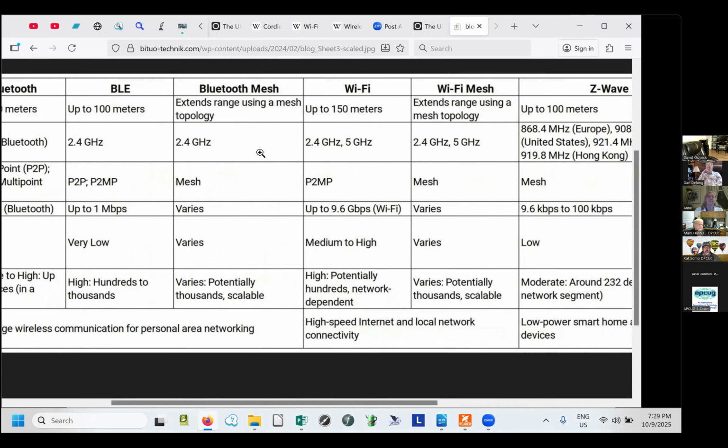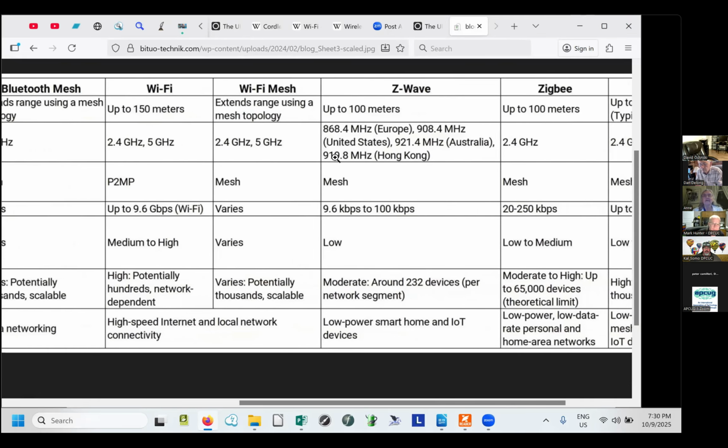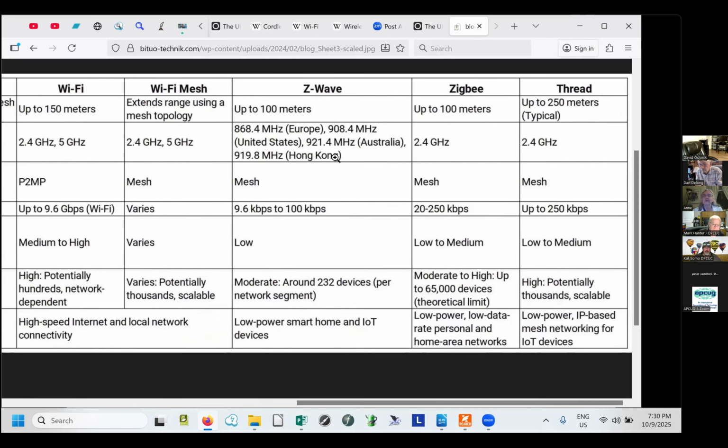So I'm not really going to go into that, except to say that they do help your signals get to where you want them. And Wi-Fi, everybody knows about Wi-Fi. And then they had these three over here that I had actually not heard of.